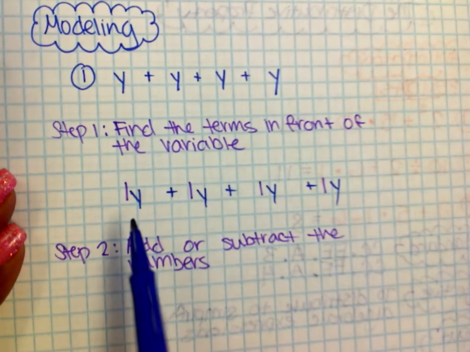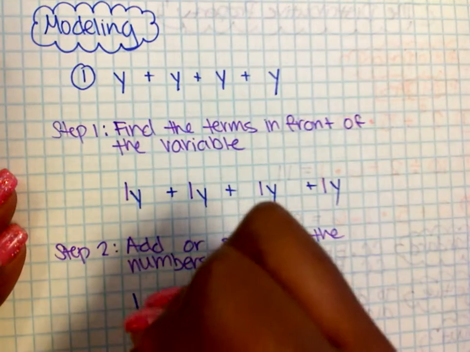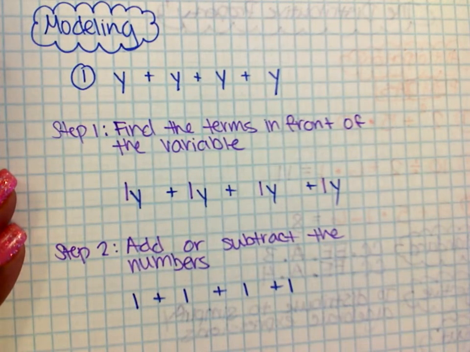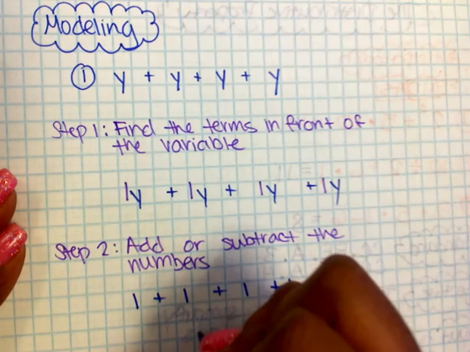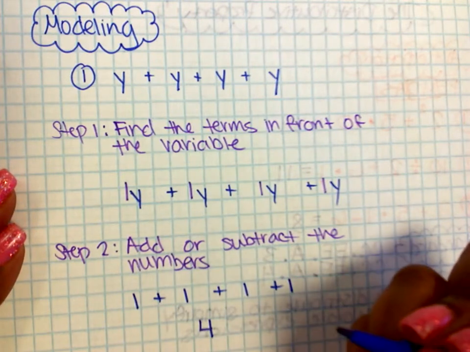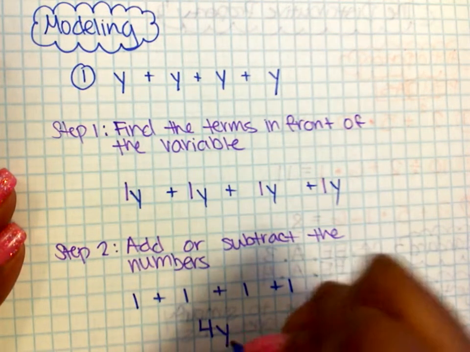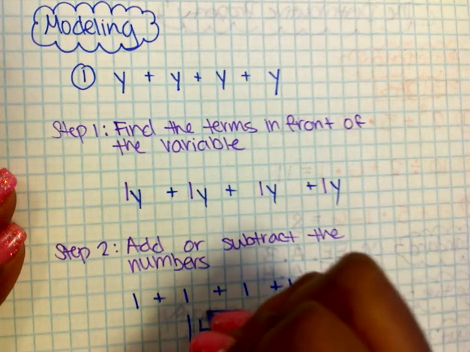We're basically adding 1 plus 1 plus 1 plus 1. 1 plus 1 plus 1 plus 1 is 4. Think of it in your head. And then you put the variable at the end. So your answer is 4y.